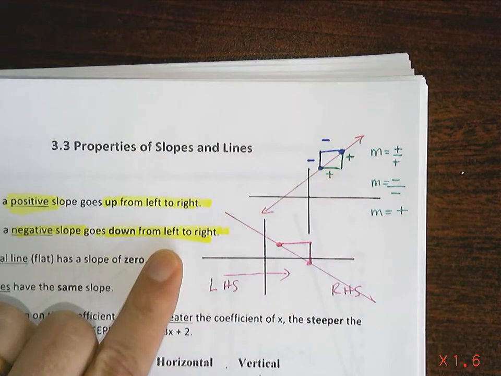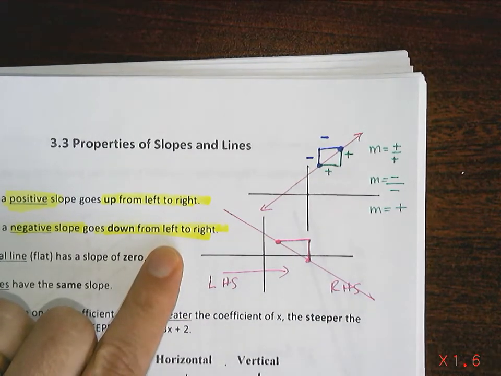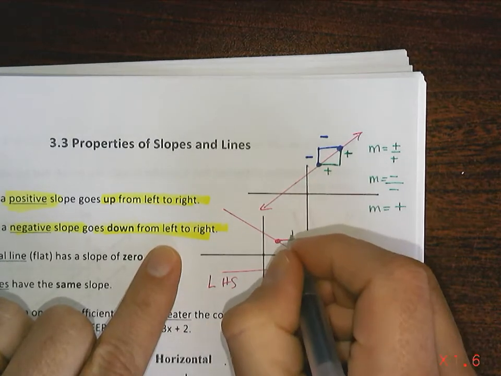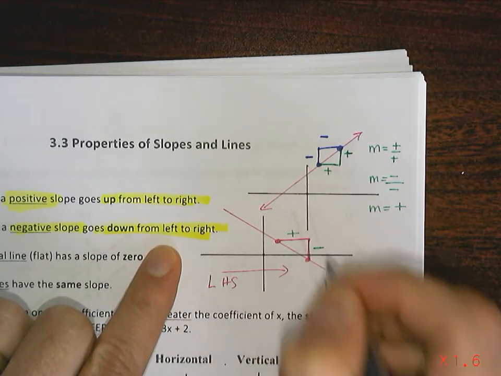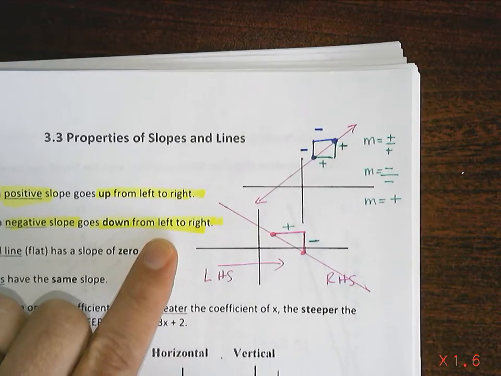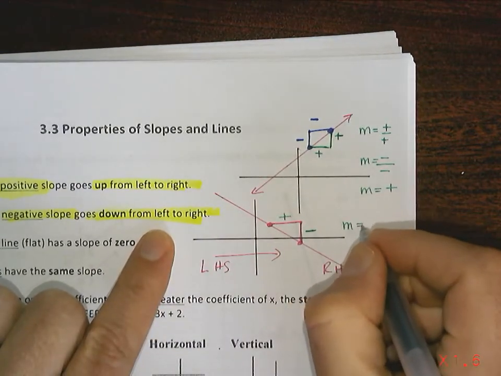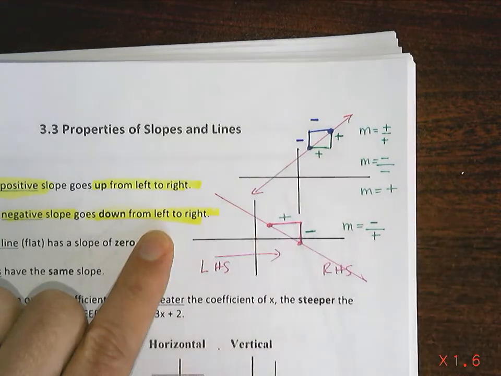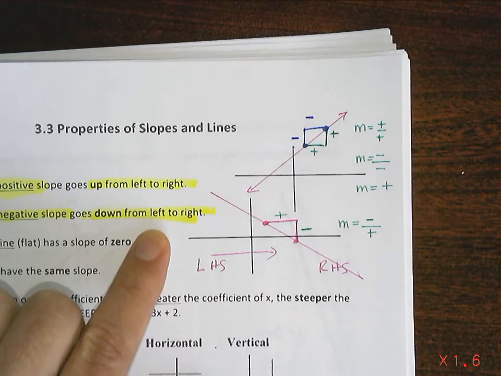That is a negative slope. And notice that when I do that, my run is positive, but my rise is negative, which gives me a slope of rise over run of negative over a positive, which is a negative. That's how that works out.